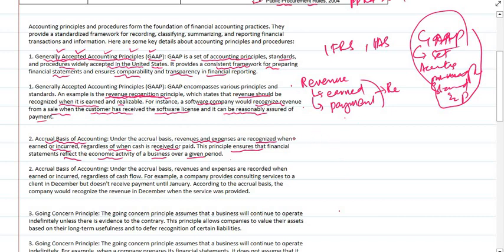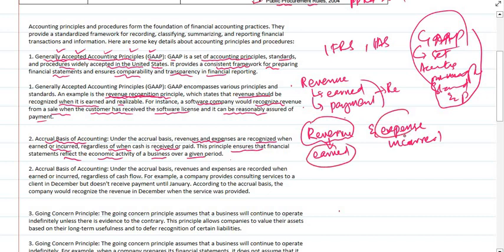It means that revenue and expenses should be recognized when the revenue is earned and the expenses are incurred, regardless of whether you have received the cash or paid the cash.